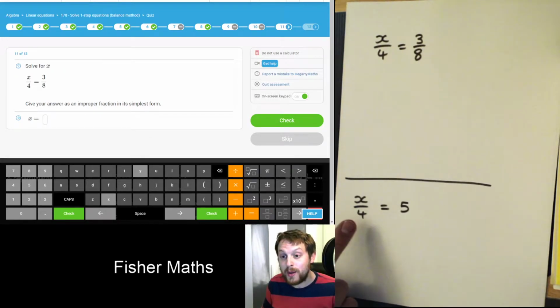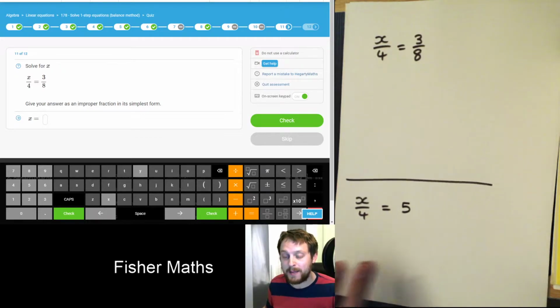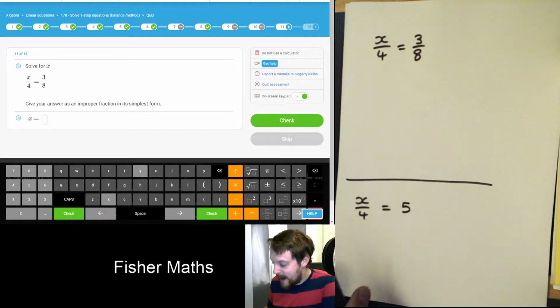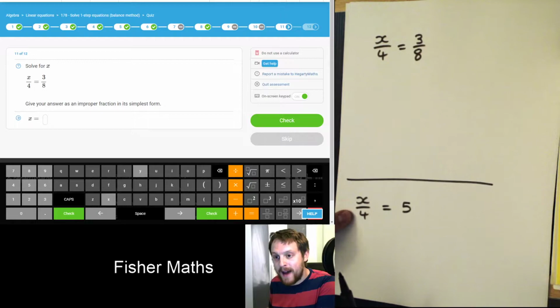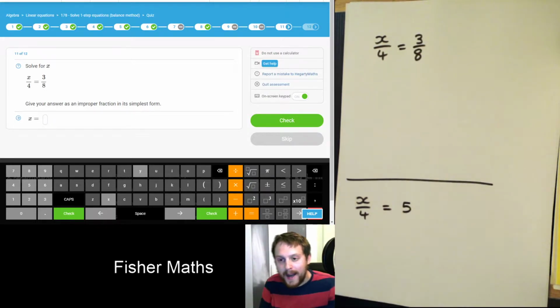You want to times both sides by 4 in order to answer this, because x is being divided by 4 and we're getting the answer of 5. So x is some bigger number than 5, and it is being divided by 4 and the answer is 5. So the question is, what number when you divide it by 4 gives you 5?